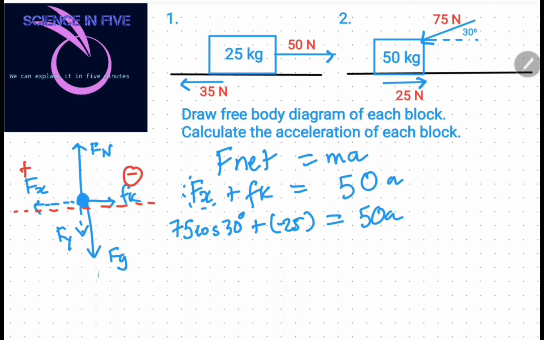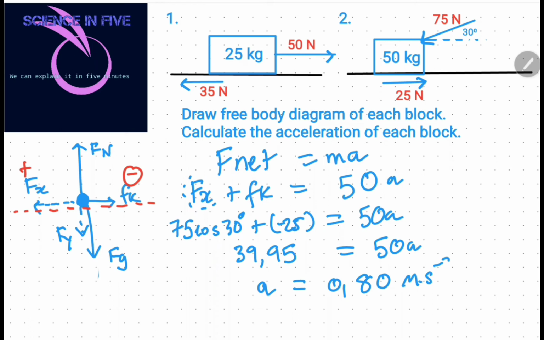The left hand side simplifies to 39,95 is equal to 50 of a. Divide both sides by 50. You get a equals 0,80 meters per second squared west.